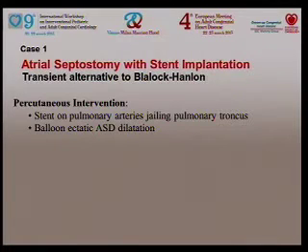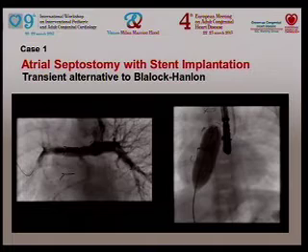And our interventional intentions at that moment were to place a stent on both pulmonary ostia, in the pulmonary truncus, and try to dilate with a tactic balloon the atrial septal defect. These are the images again.